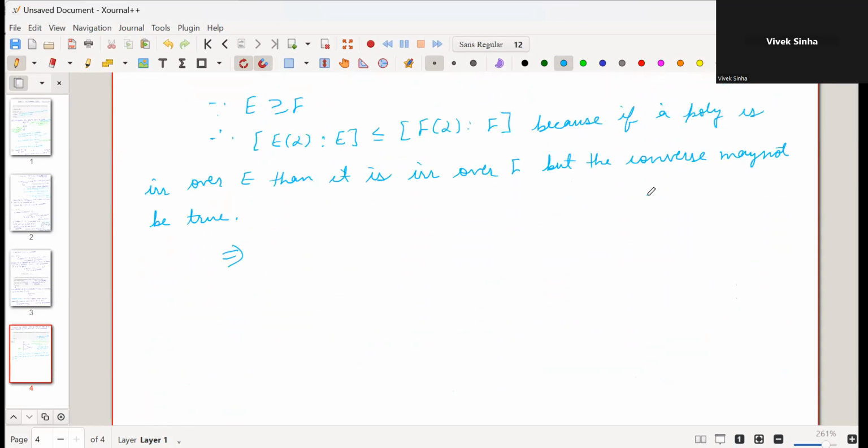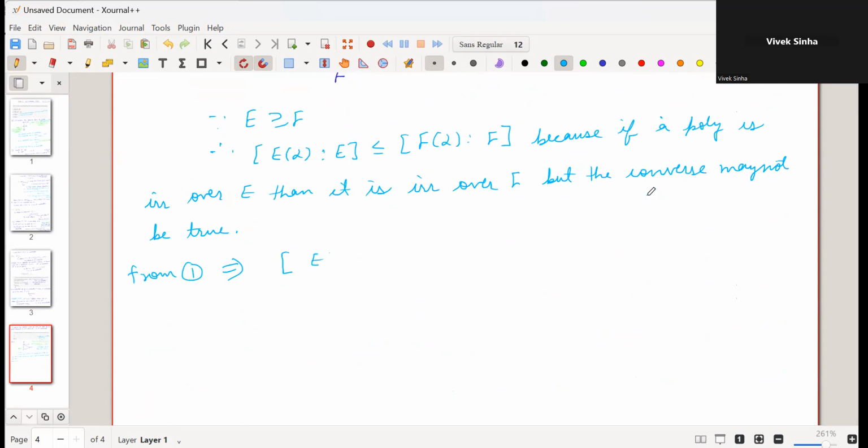From 1, this implies that the degree of E alpha over F alpha is less than or equal to the degree of E over F, which is 2. So this implies the degree of E alpha over F alpha is either 1 or 2, right? So that's the idea behind it.